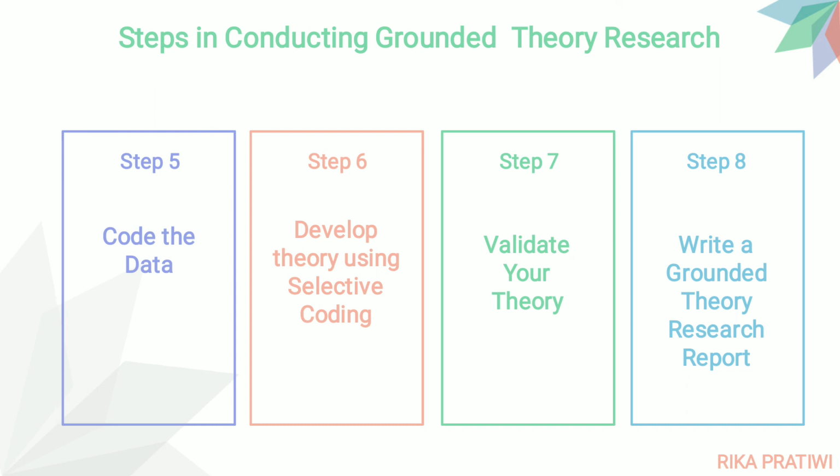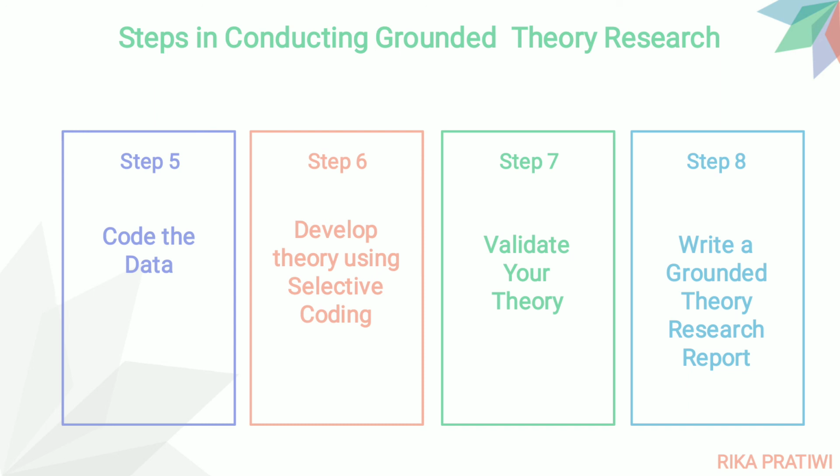Step 6 is about selective coding and developing the theory, because after we code the data, we have to select it, which involves refining the axial coding paradigm and presenting it as a model or theory of the process.